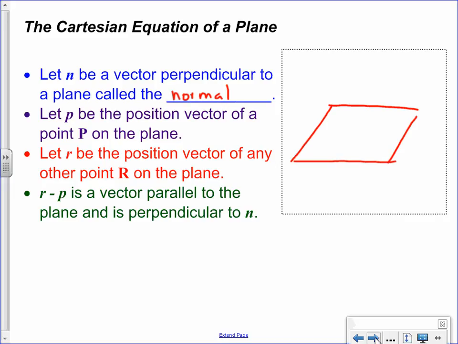Let n be normal to that plane, so n is normal to some other vector that's lying on the plane. Let's say the point that touches the plane is P, and some other point on the plane is R. So n is normal to that vector PR, which could also be written as the vector R minus P.